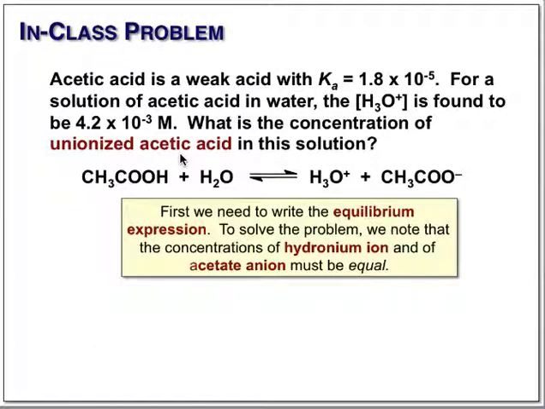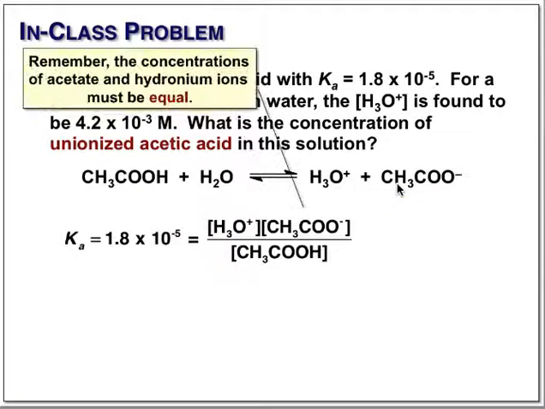First, I'm going to write an equilibrium expression. One thing you have to note, though, is that every time you ionize an acetic acid, you're going to form 1 mole of hydronium and 1 mole of acetate. So these guys are always present at equal concentrations.